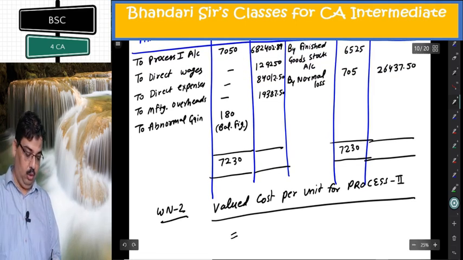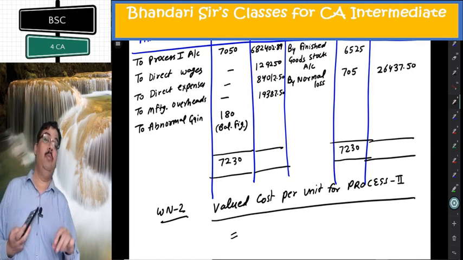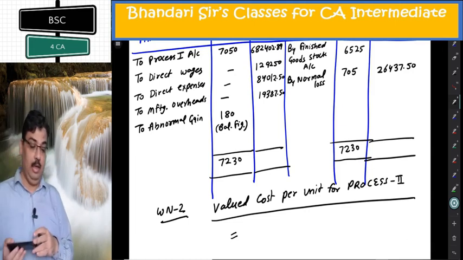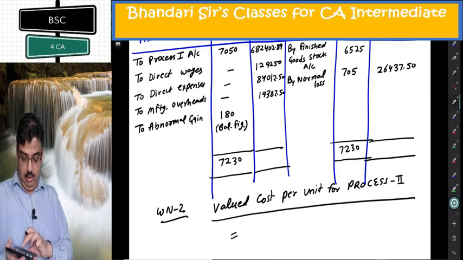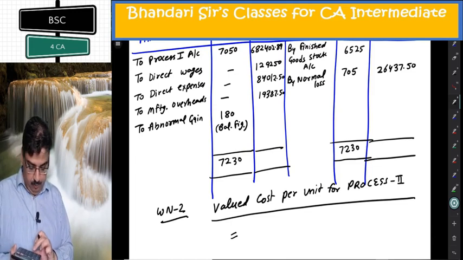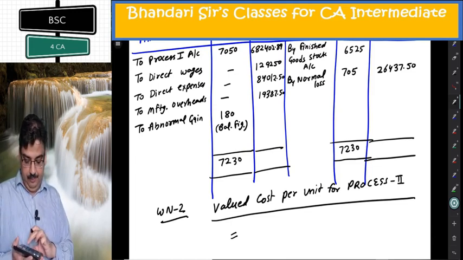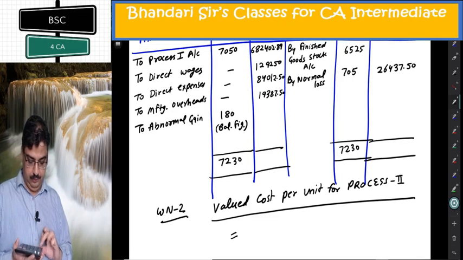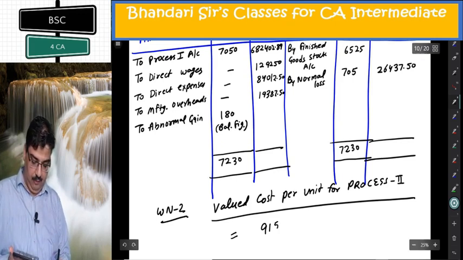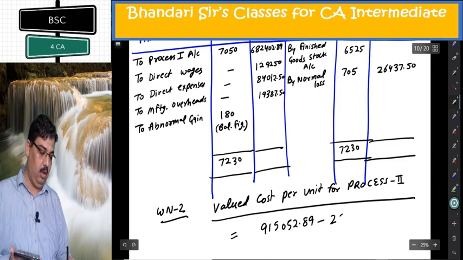From the debit side, total cost, which I will not write in the total column because there you are going to put the abnormal gain also. 682,402.89 plus 129,250 plus 84,012.50 plus 19,387.50. I am getting 915,052.89 minus scrap value of normal loss 26,437.50.